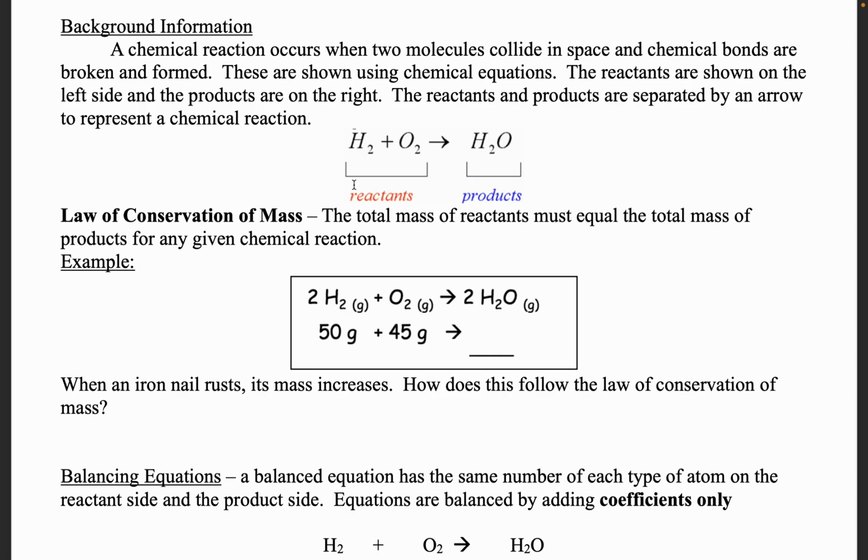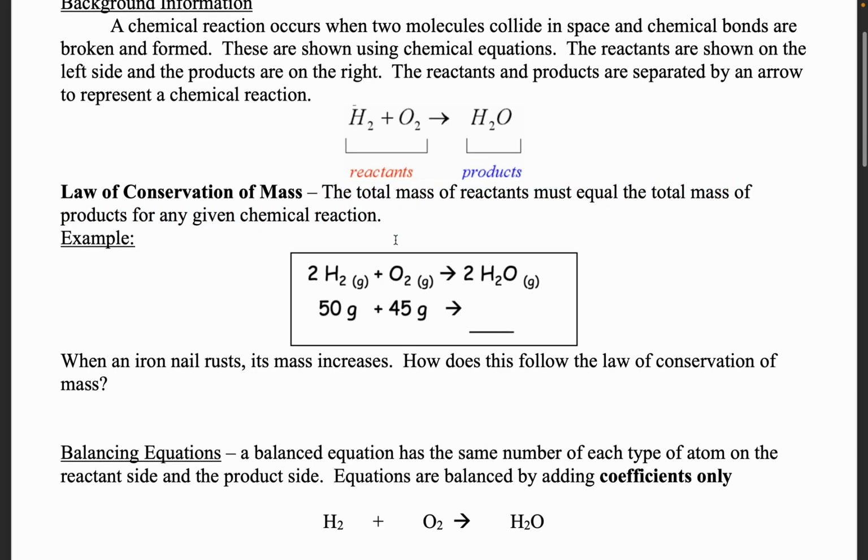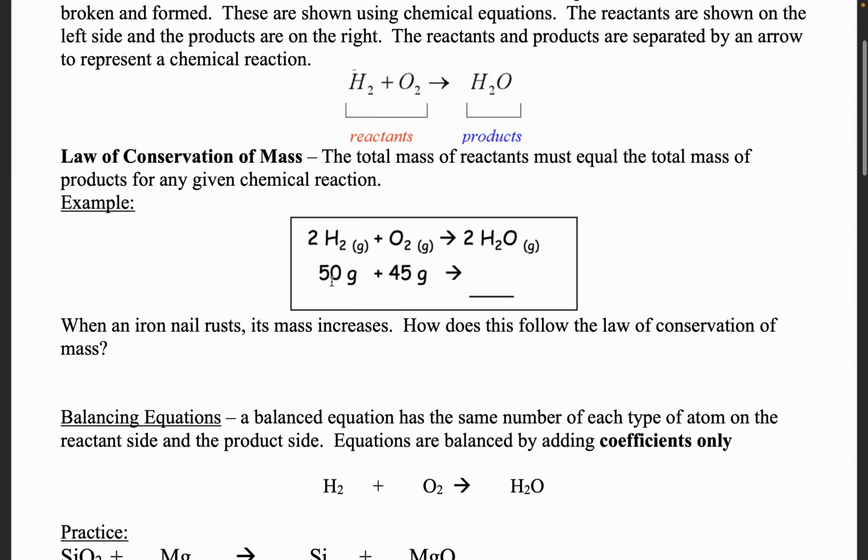Now, you may hear it as "matter cannot be created or destroyed," but I do like this definition a little bit better because it applies more to what we're talking about. So if we have 50 grams of hydrogen and 45 grams of oxygen, you guessed it, there should be 95 grams of water produced every time, all the time. All right, we'll get into this example in a second.